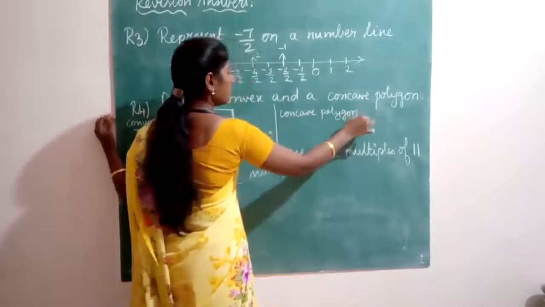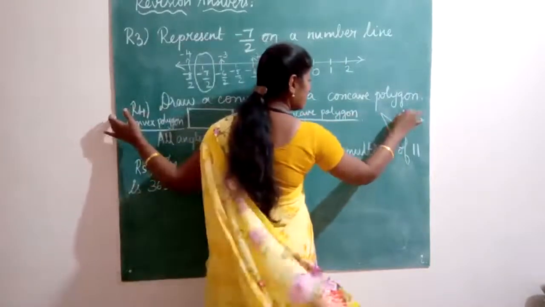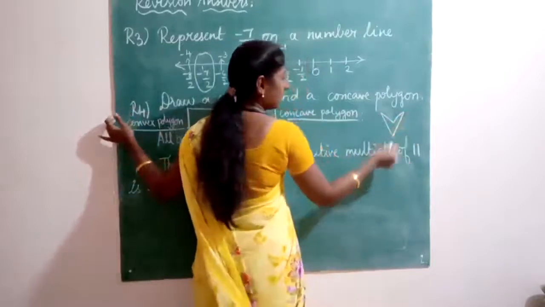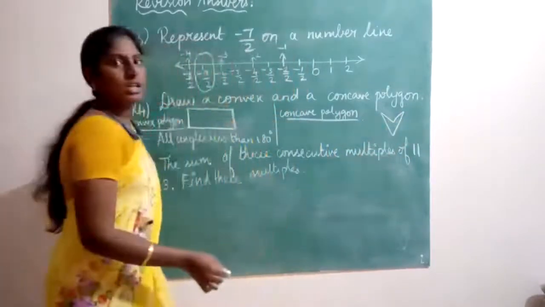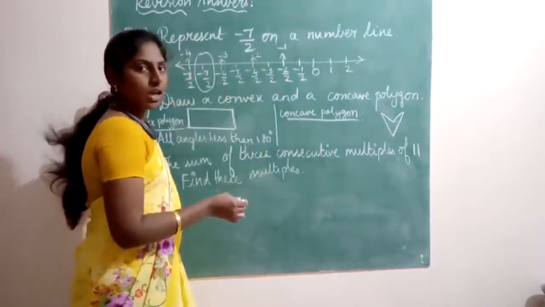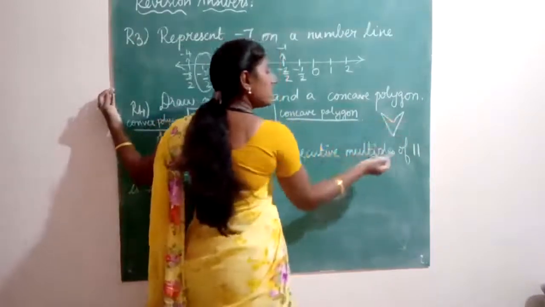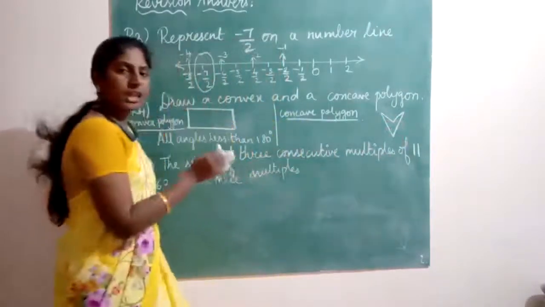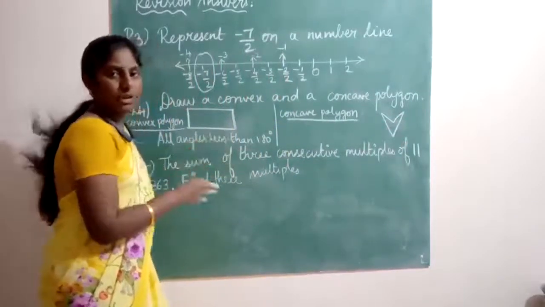Okay, so here I can draw a picture like this. Here the angle is more than 90 degrees. The angle is more than 180 degrees. Other angles are acute angles, but if even one of the angles is more than 180 degrees, it is known as a concave polygon only.